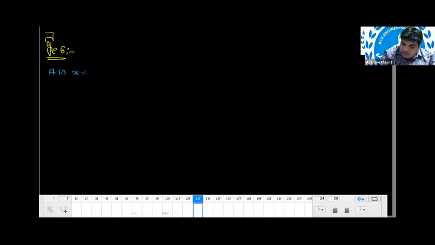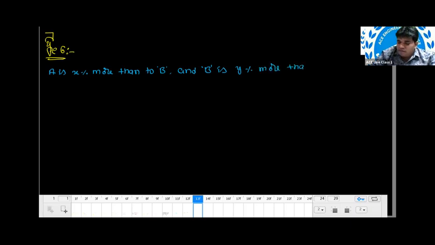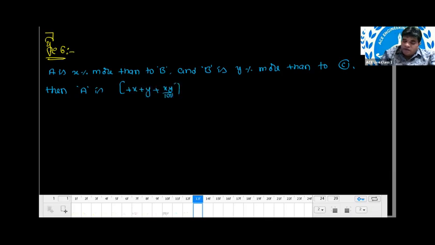A is X percentage more than B, and B is Y percentage more than C. Then A is (X plus Y plus XY by 100) percentage more than C.